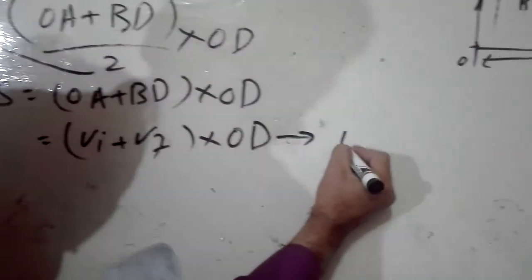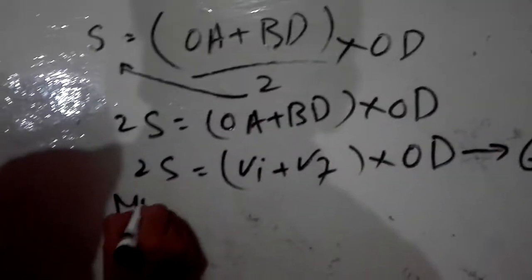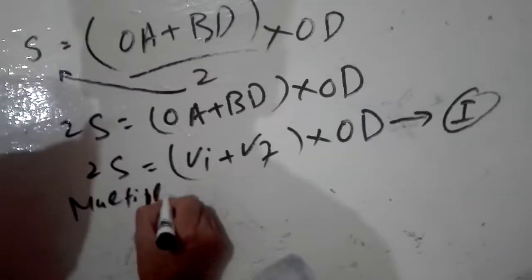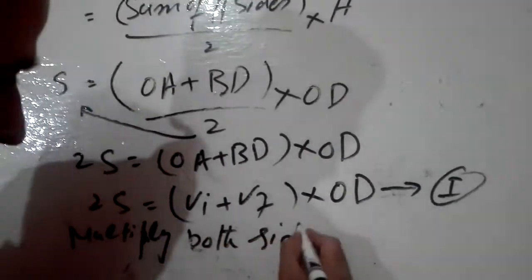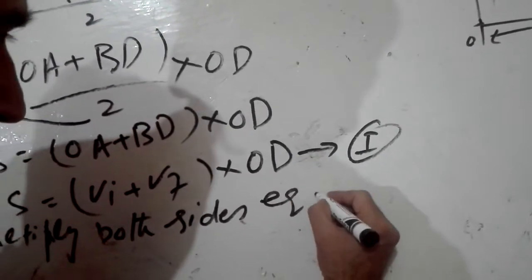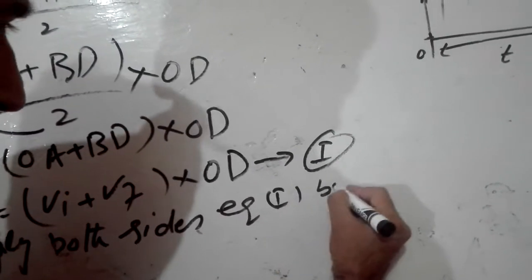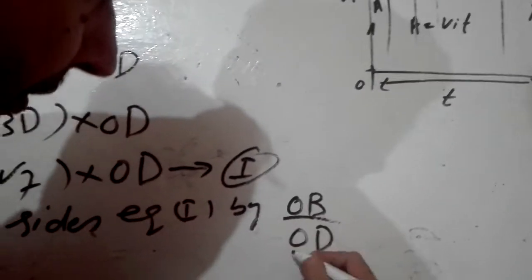You can name this equation 1. Multiply both sides of equation 1 by this factor BC over OD. I will explain why I am multiplying by BC over OD.